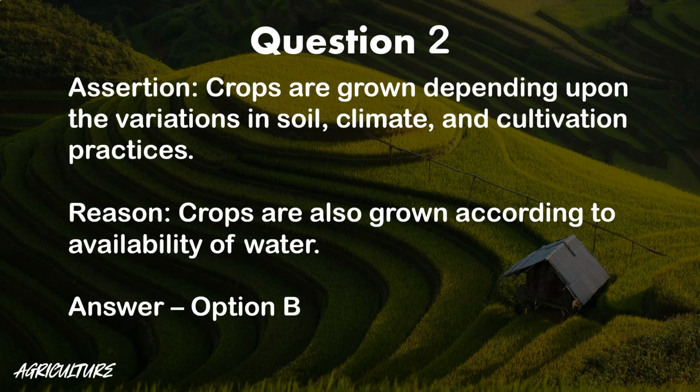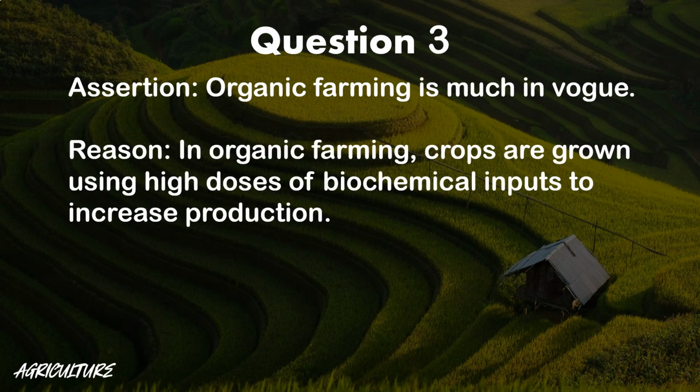So the assertion and reason are separate statements on their own. They're both true, but they have no correlation to each other, and the reason doesn't provide any correct explanation for the assertion. So the answer is option B.